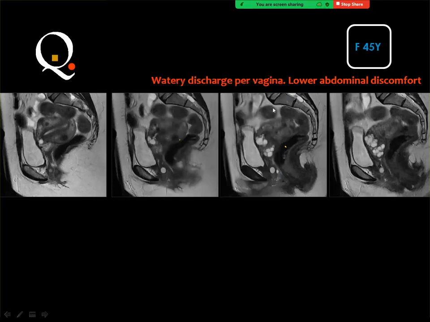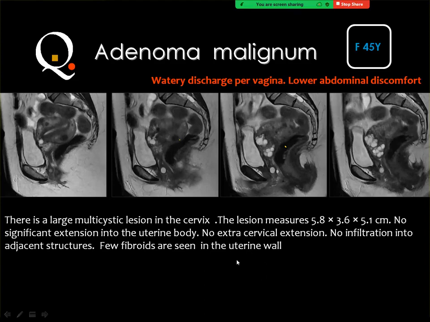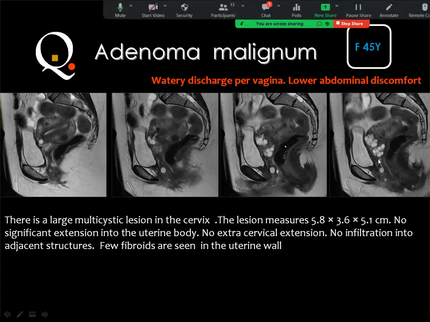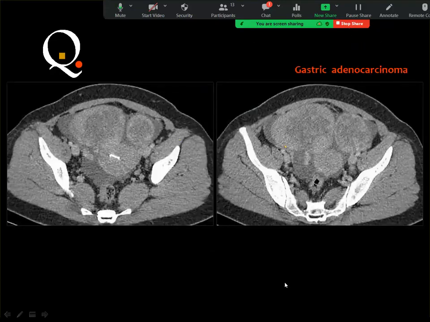This is adenoma malignum, and it is of course different from the Nabothian cyst because of the huge number of the cystic lesions, and also the offensive discharge through the vagina. These are two main criteria of the adenoma malignum in the cervix.